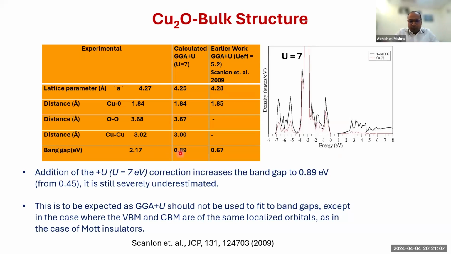Because GGA plus U should not actually be used to fit band gaps, except in the case where the VBM and CBM are the same localized orbital. That is the case for the Mott insulator CuO, not the case for Cu2O. So that tells you the story of why there is a bad match between the experimental and computational results.